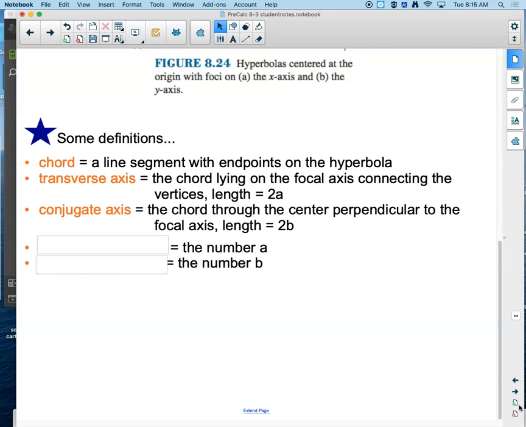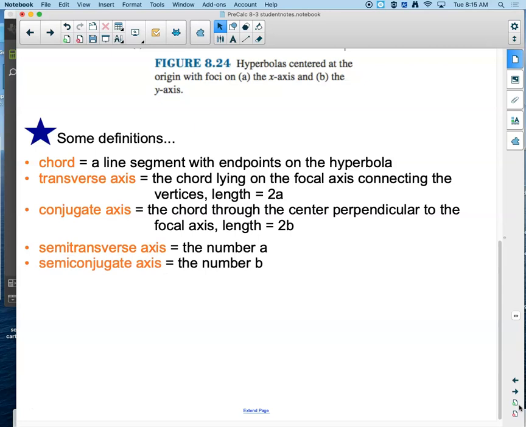So again, we can think of it as major and minor axis, but it has new fancy names, transverse and conjugate axis. The number A gets the fancy name semi-transverse axis. Again, think of it as it's what we need for the vertices. And then the number B, the semi-conjugate axis.